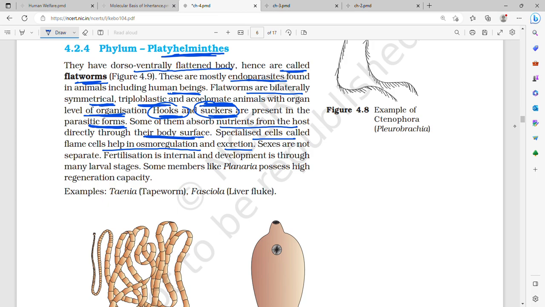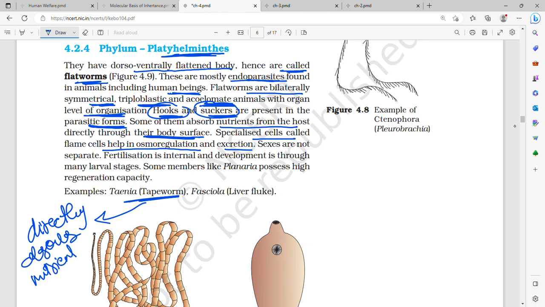So tapeworm, Taenia, directly absorbs nutrients through its body surface.